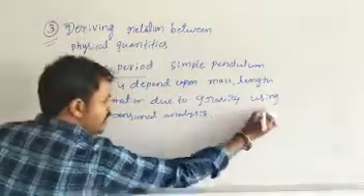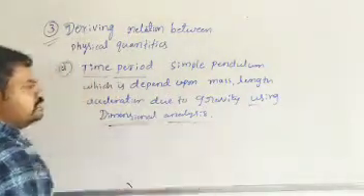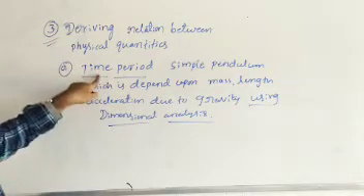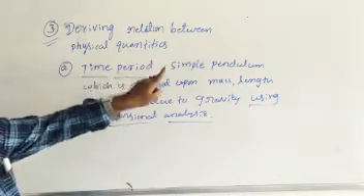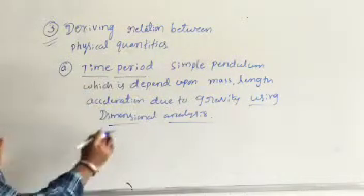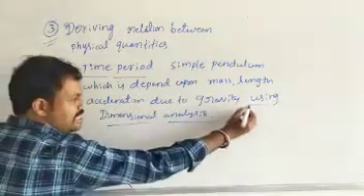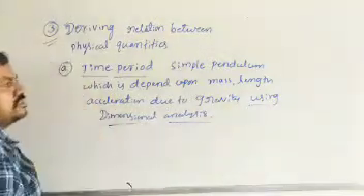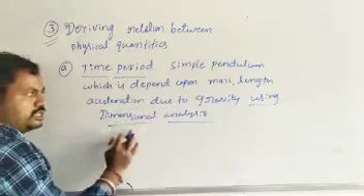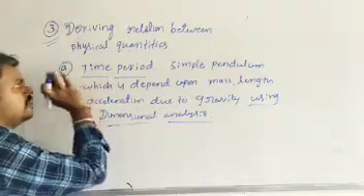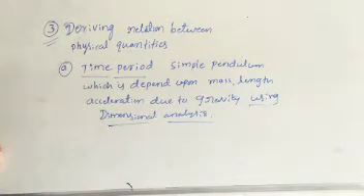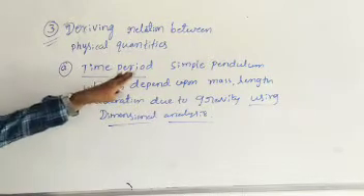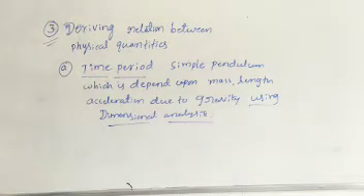We are using dimensional analysis to derive the expression for the time period of a simple pendulum. So pause and note down the first question, that is, the expression for the time period of a simple pendulum.